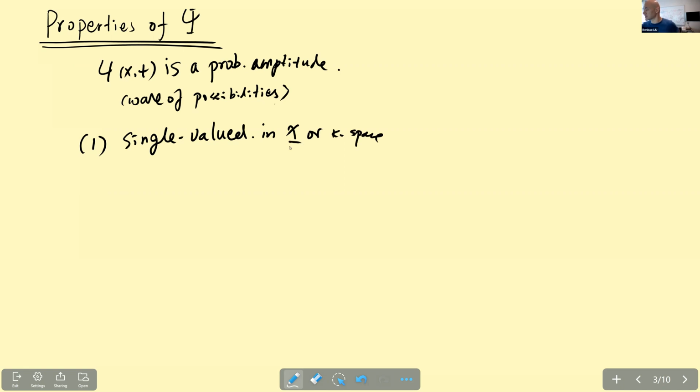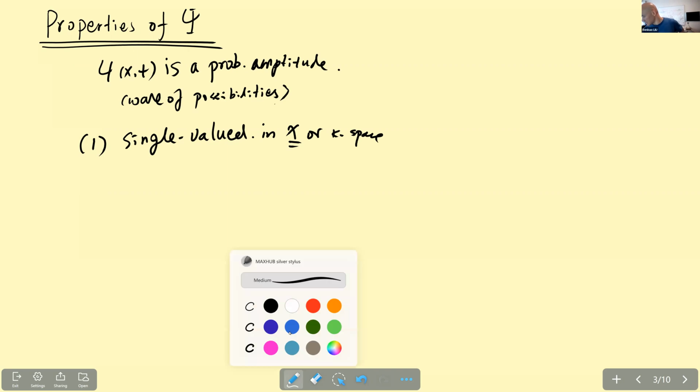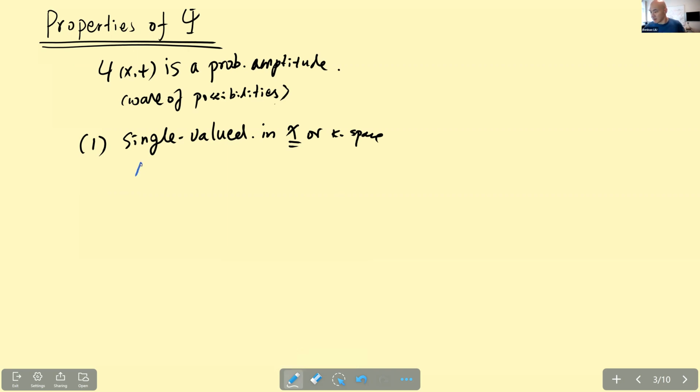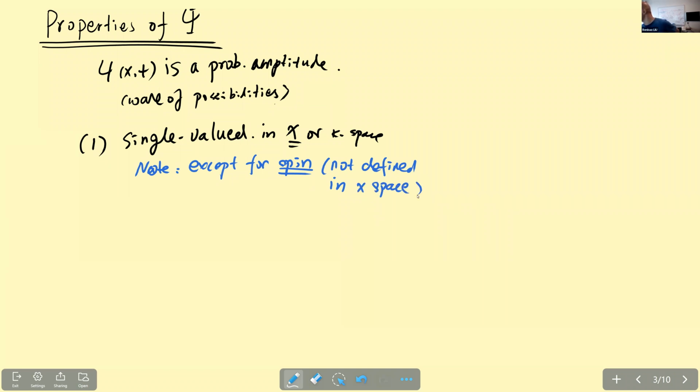Of course, at this moment we only consider x space, but there's one thing I should note: except for spin, which is not defined in coordinate space. The spin is kind of an internal degree of freedom, so it's not defined in x space. But we're going to discuss this later, not right this moment.